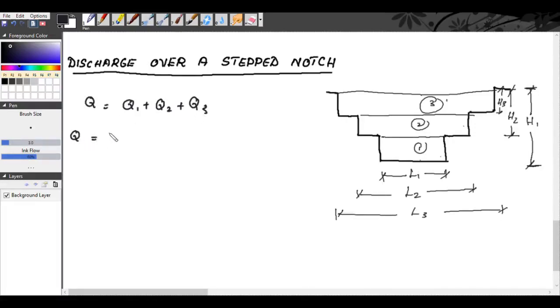So Q is equal to, for Q1, that is for the first notch, 2 by 3 into CD into L1 into square root of 2G into, this distance is H1 minus H2, right?